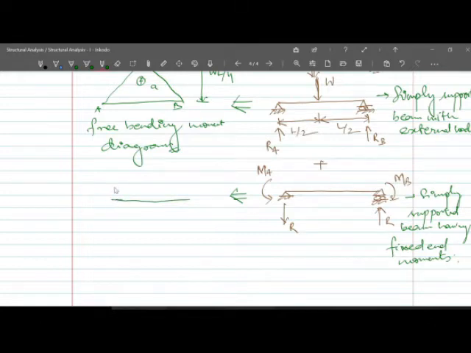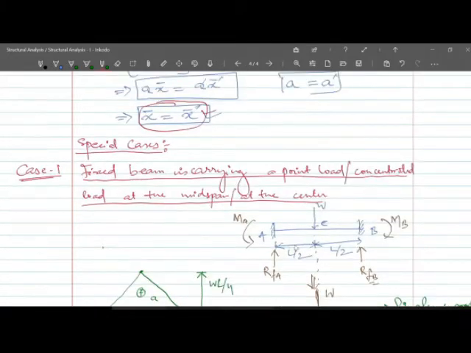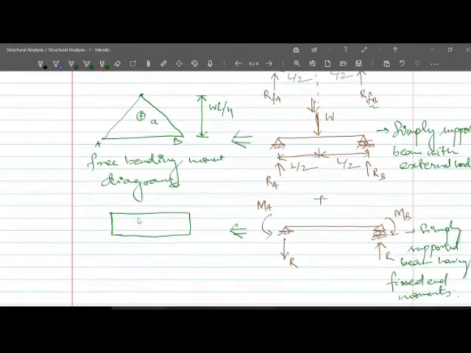So the fixed bending moment diagram will be this one. Now due to the symmetry, this is L by 2, L by 2, so MA and MB will have the similar value.